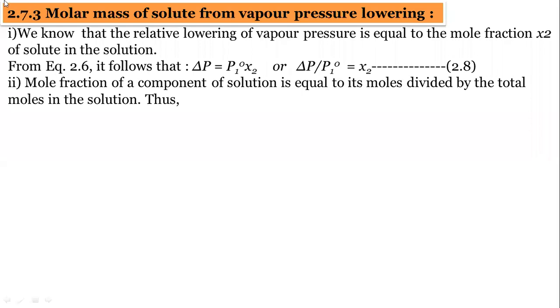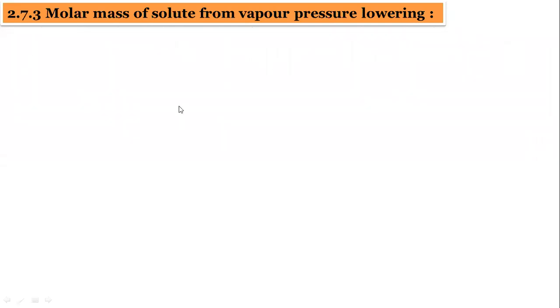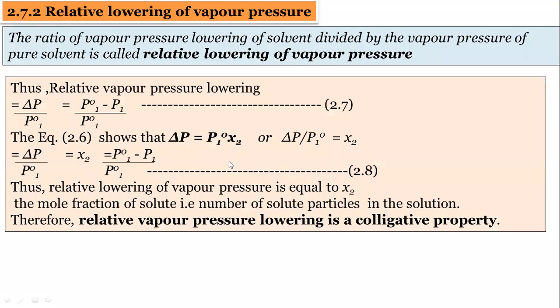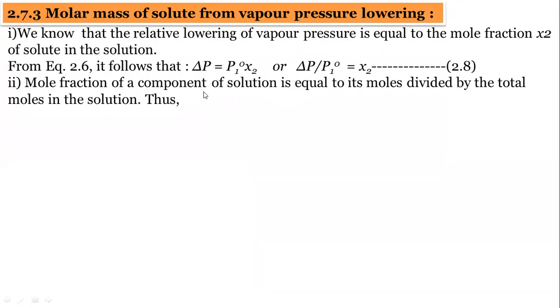We will take this equation. The relative lowering of vapor pressure is equal to the mole fraction. I just derived this expression: delta P upon P naught 1 is equal to X2.